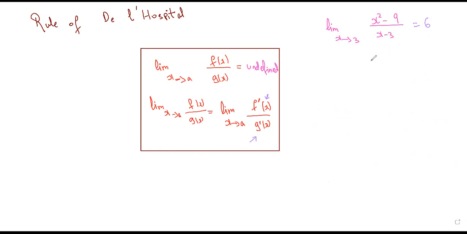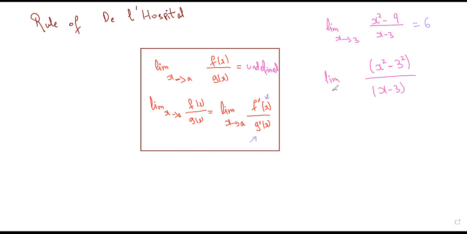So x square minus 9 means x square minus 3 squared divided by x minus 3. All right, now I can modify the numerator by not doing something, but just by factorizing it, because we know it is a square minus b square.